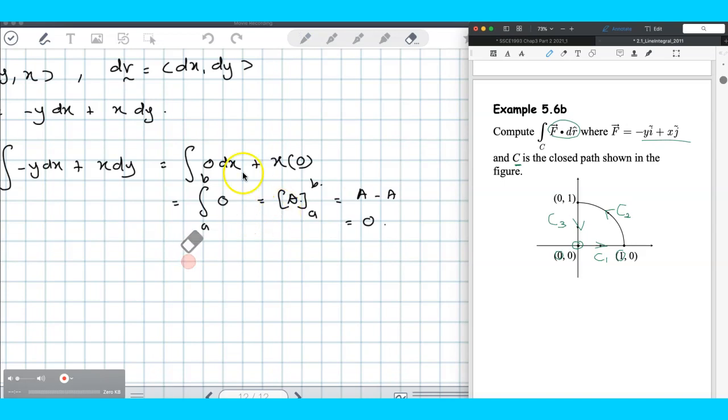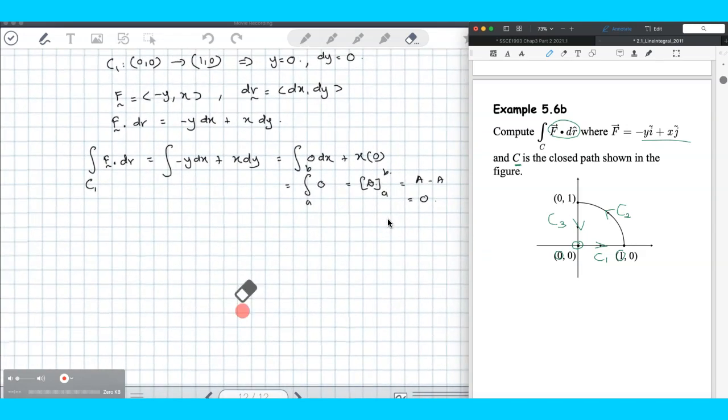So if the integrand is 0, or dy or dx is 0, everything will turn out to be 0, and your final solution will be 0. A line integral is a definite integral, and you have to find the value. So for C1, it ends up to be 0.